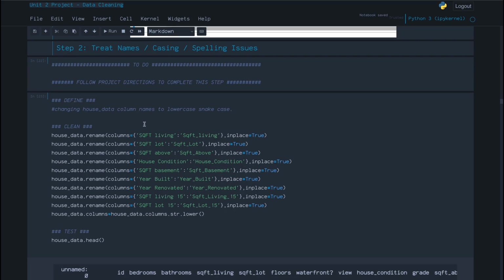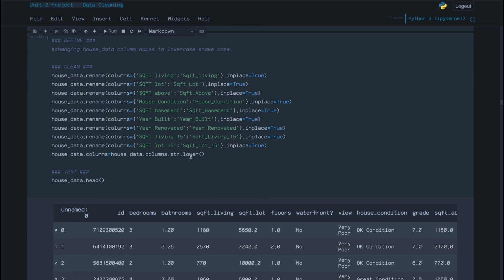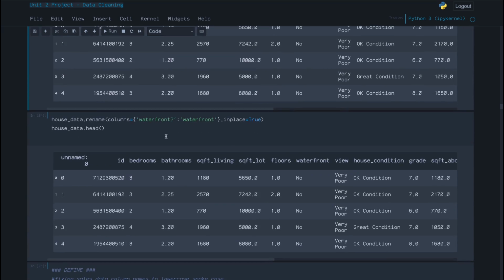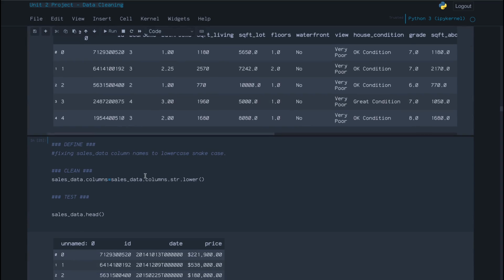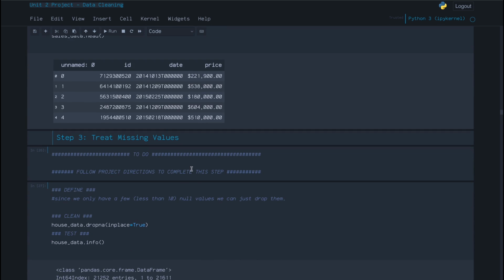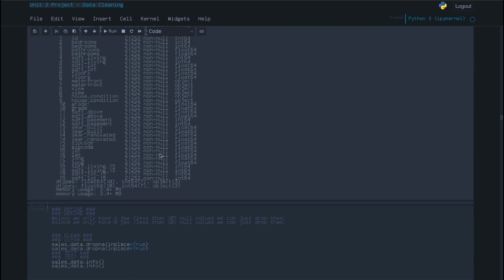At the beginning I started with renaming all the columns to lowercase snake case. And I dropped all the null values, since after seeing what's left after renaming them, it was an insignificant amount, so I dropped them all.